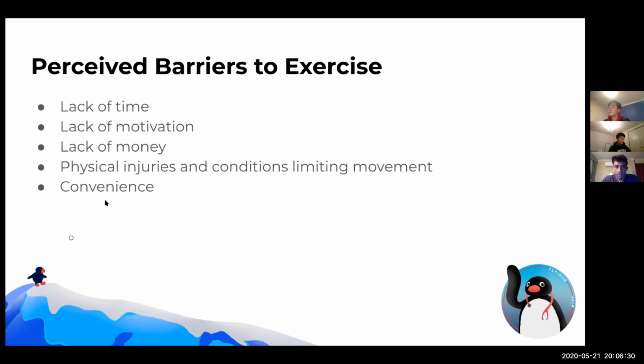All of these are perceived barriers that can easily be overcome if they set their mind to it and use SMART goals. That's basically it for exercise. It's quite a short section for this week.